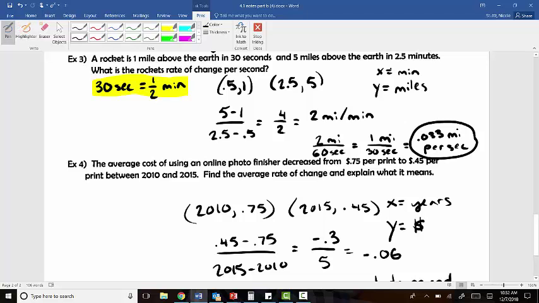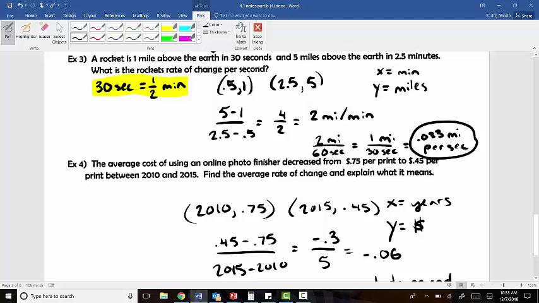So you have to remember, X is your minutes and Y is your miles. So your minutes should come first in each ordered pair and then your miles. So chances are you probably used 30 seconds instead of half a minute, and you probably have these reversed. So you don't just put the ordered pairs the order that you see them. You have to make sense out of which is X and which is Y.